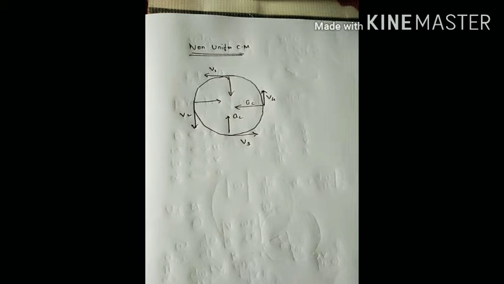Sorry, I totally confused you. That's uniform speed, because I'm only talking about the magnitude. There exists a uniform speed, but in non-uniform circular motion, there does not exist any uniform speed. There will always be a change in speed.